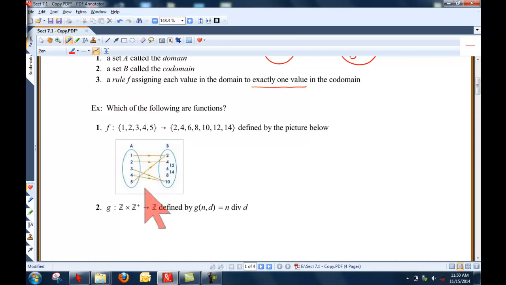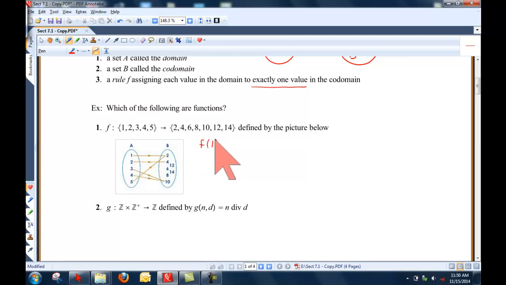Here's a similar sort of picture. I propose that a function go from set A to set B by the picture below. So we could do without the picture if we wanted a functional definition.